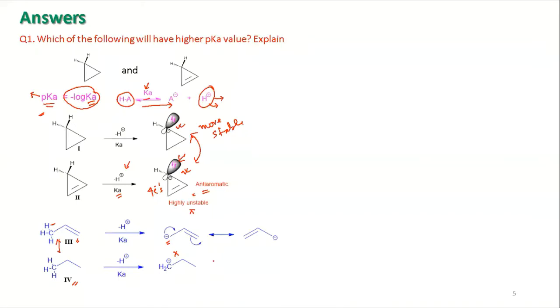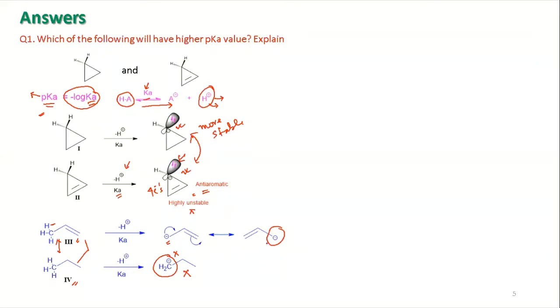So when we have these 2, this carbanion is now stable, but this carbanion is not at all stable. Okay, just look here, it is opposite.